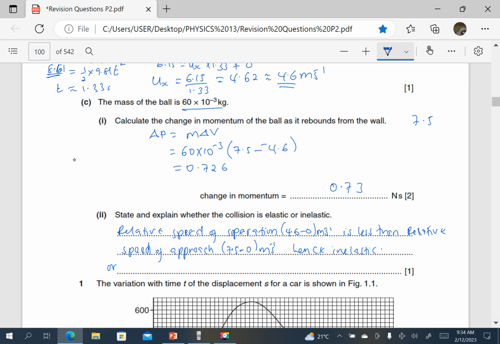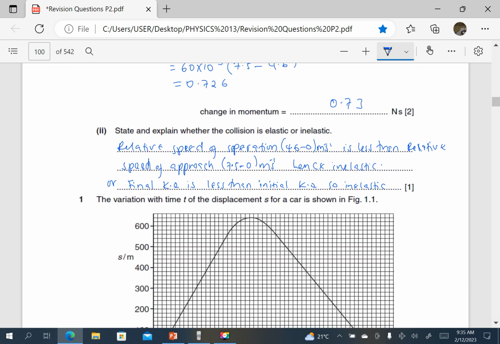If the final speed is smaller, the final kinetic energy is less than the initial kinetic energy. So the collision is inelastic.